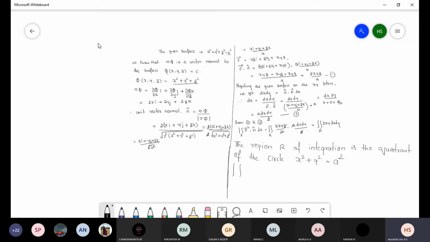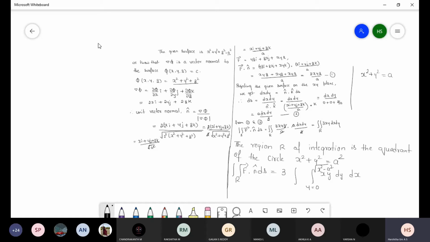So integral over the region R, vector f dot n cap into ds is equal to 3. I will write outside. I will do the changing the order of integration. Here I write xy, here I write dy into dx. According to the integrating factor, y varies from, in the first quadrant, 0 to root of a square minus x square, because the equation of the circle is x square plus y square is equal to a square.